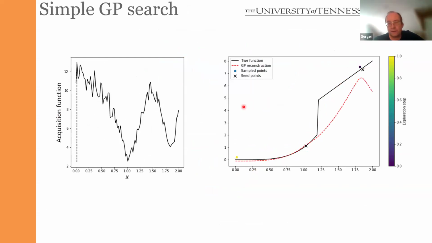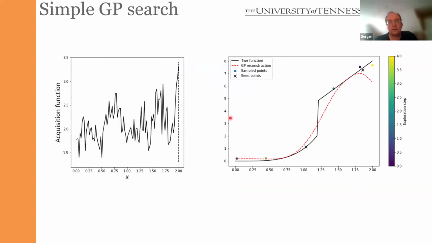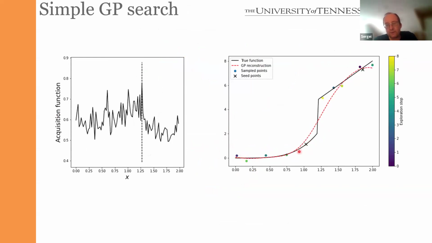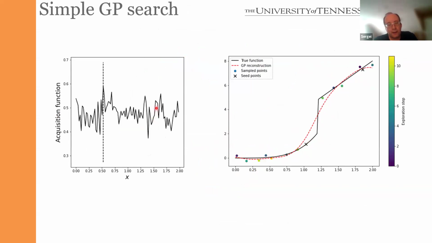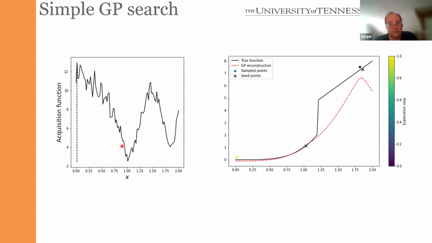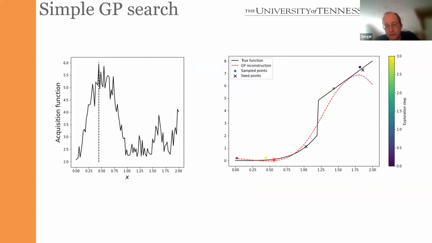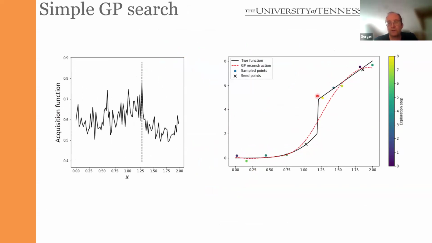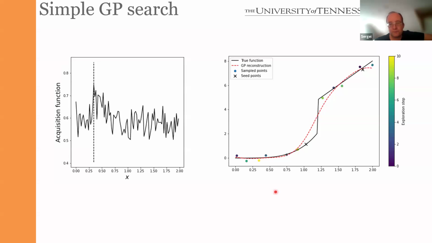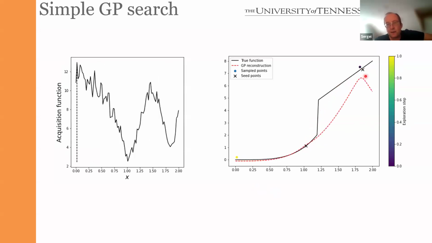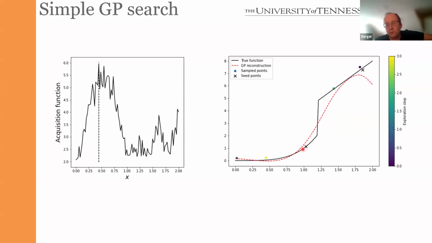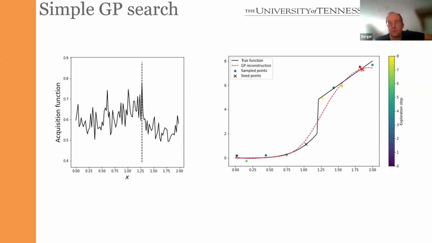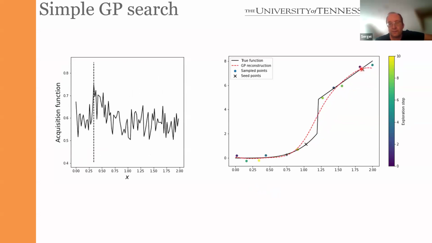So what you see here is the illustration of the simple Gaussian process, where we visualize the exploration and the acquisition function. The black line here is the ground truth. The Gaussian process doesn't have access to the ground truth. The crosses are the seed points. These are points where we do the measurements before we even start the active learning.